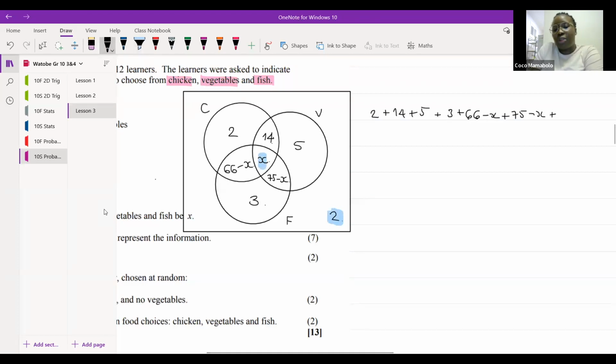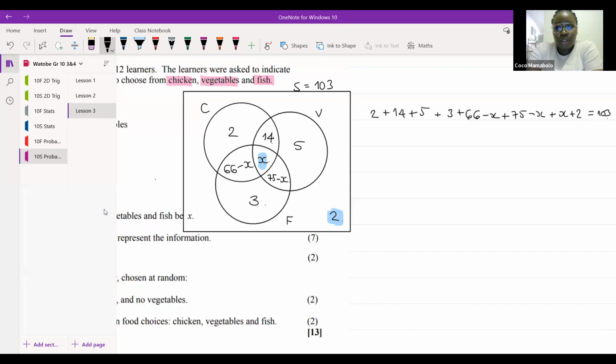And all of it must equal our sample space. How much was our sample space again? How many learners? 103. So all of these things together must equal 103. So I'm going to add plus X plus 2, and all of it must equal 103. Okay, am I making sense? Yeah.